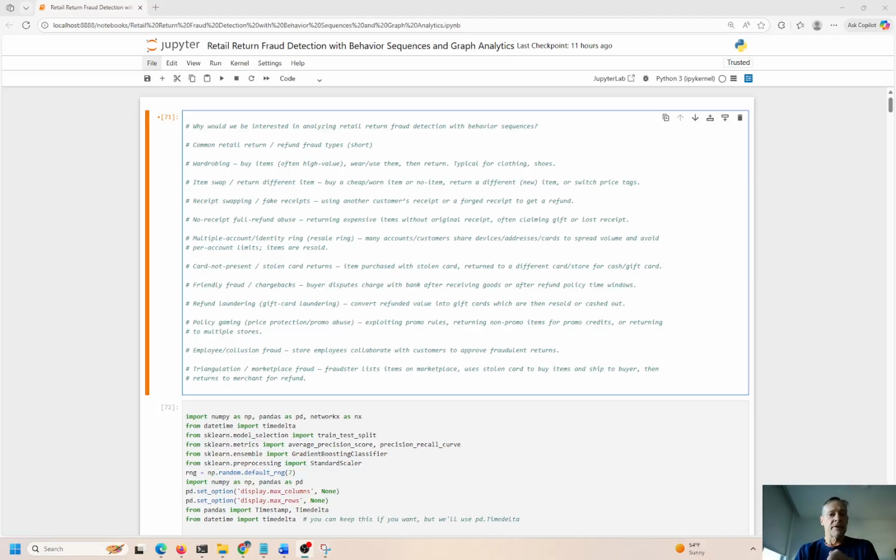Basically, common retail return fraud includes short-term returns. You borrow something or you buy something, wear it once, maybe twice, return it, right? So you're using the item for free. That's not fair to the retailer. Wardrobing: buying high-value items, wearing them, using them, returning them, maybe even returning similar but slightly different items, right?